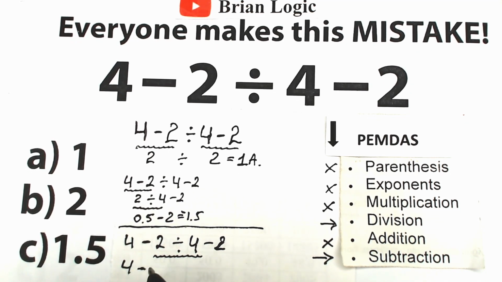We have 4 minus 2 divided by 4, where 2 divided by 4 equals 0.5, or 1/2, so we can write 4 minus 0.5 minus 2. Now we have completed the division part, and we can easily complete the subtraction part, because this is very basic subtraction for us. We have 4 minus 2.5 equals 1.5.